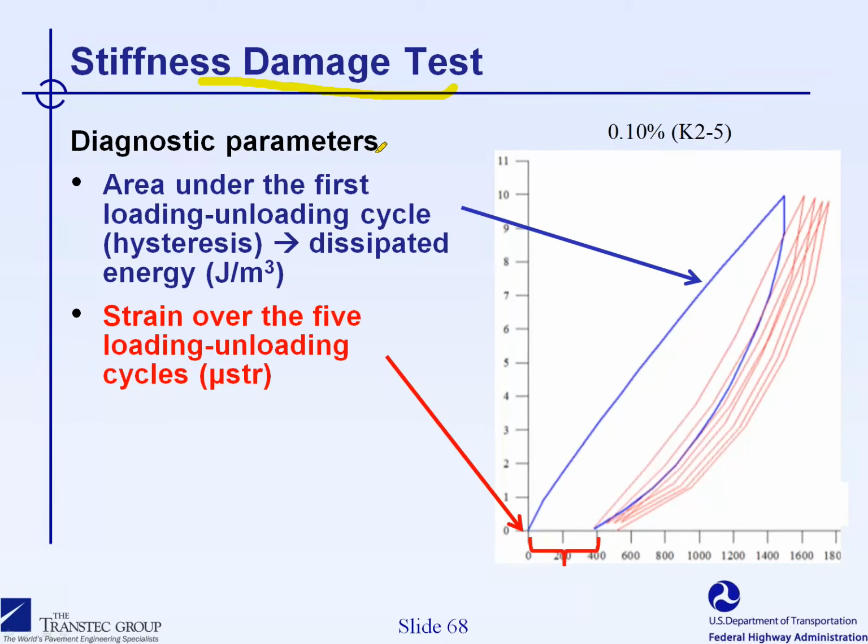So in that test, two parameters were found to provide very interesting information about the extent of ASR in concrete affected by this mechanism. The first parameter is the area under the first cycle of loading and unloading, and the second parameter is the plastic deformation of the concrete during either the first cycle or the five cycles of testing.